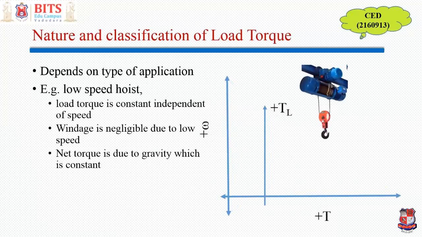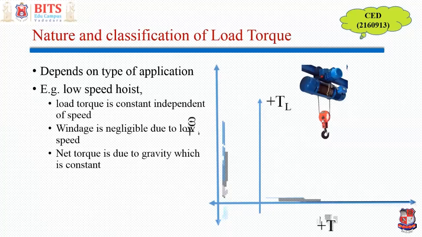See, so the hoist is lifting material whose weight is fixed. The force acting on it is F equal to mg. It is also fixed, and it is low speed. So you can neglect the windage or dynamic friction, which are proportional to speed. So the only part which is there is the weight, and which is constant.